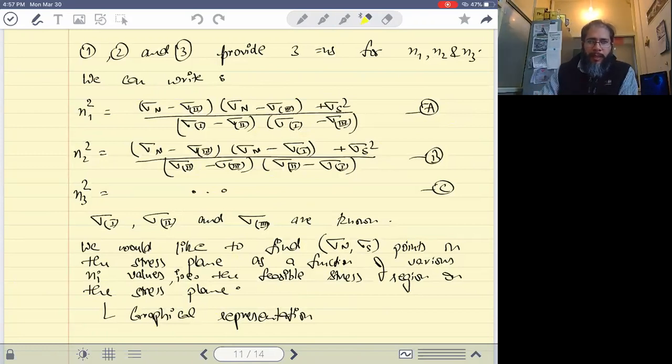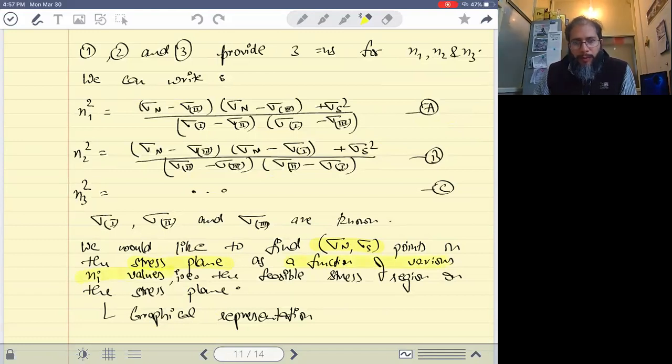Okay, so I'll tell you what we're trying to head towards. What we want to do is find the sigma n comma sigma s points, which are the points on the stress plane, as a function of the various ni values.